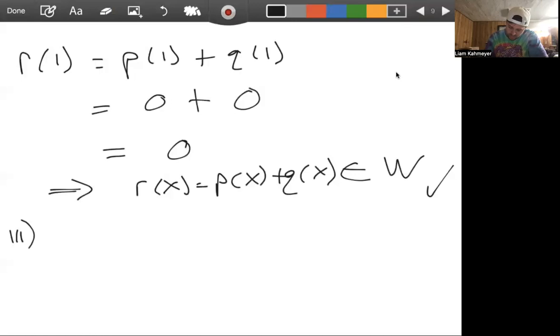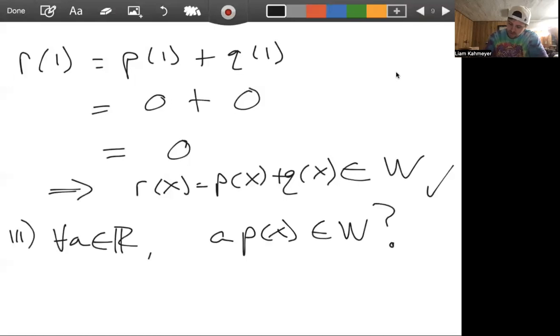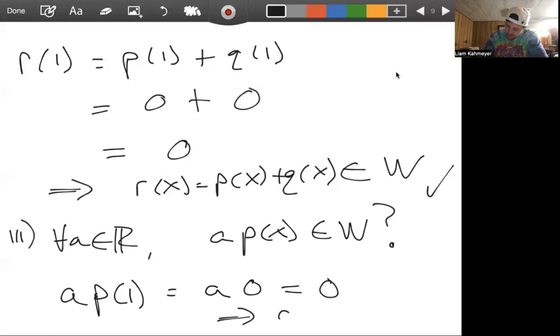So let's consider for all A in R, let's consider A times P of X. And we have to ask ourselves, is this an element of W? Well, let's take A times P of 1, right? This is equal to A times 0, which is equal to 0, which implies that if you have 1 as a root of P, then 1 is a root of AP, right?